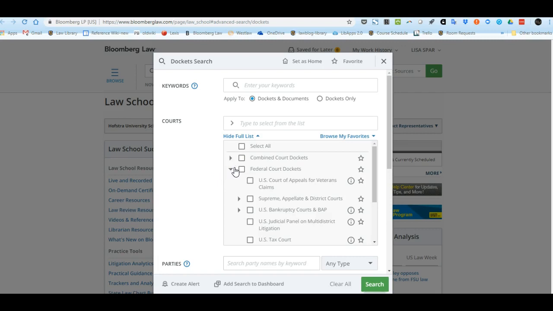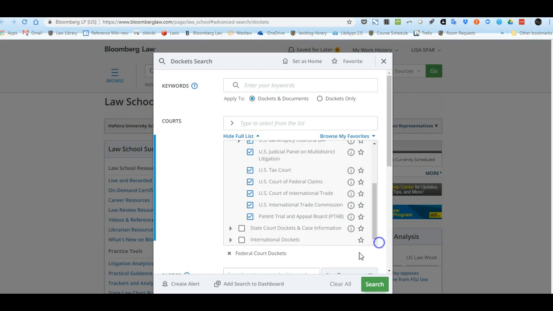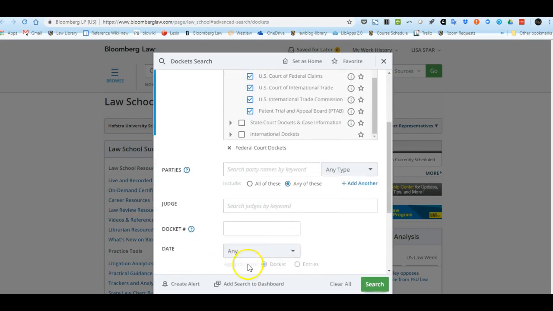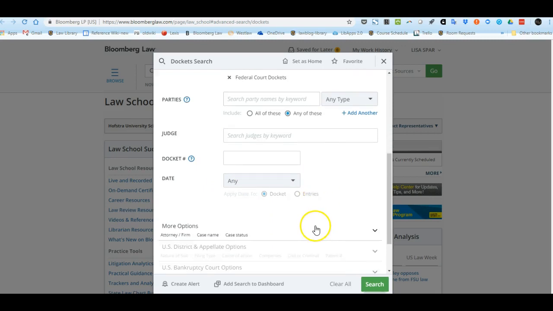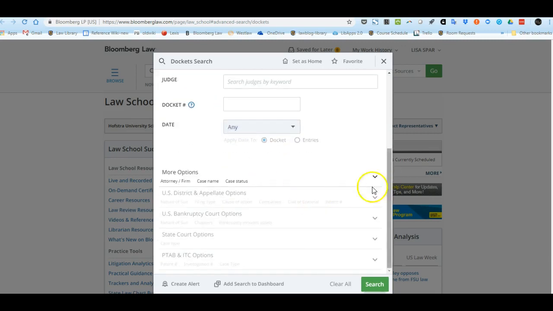So I am going to look for basically the U.S. somewhere in the federal courts. And scrolling down, I can indicate, here, if I knew the docket number, I'd put it in there, or I could indicate the party.